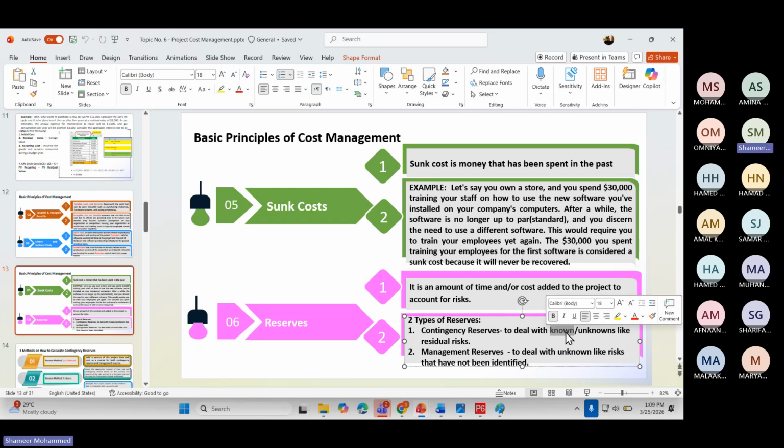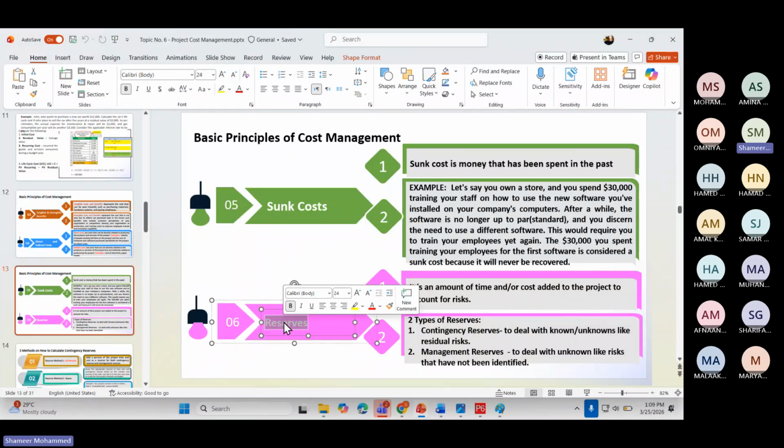You know those types of risks may happen, right? So this is what is called reserve. Reserve is the amount of money or the time that you are adding to your project to use in your difficult times.